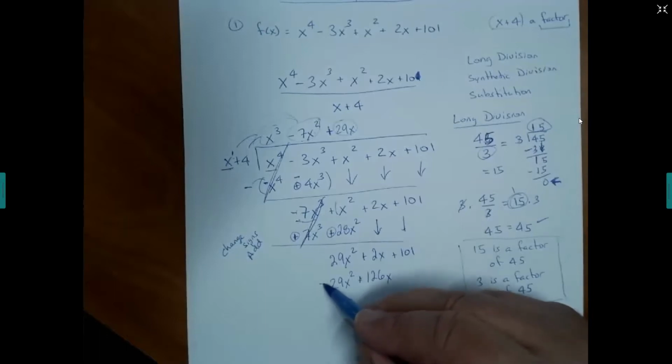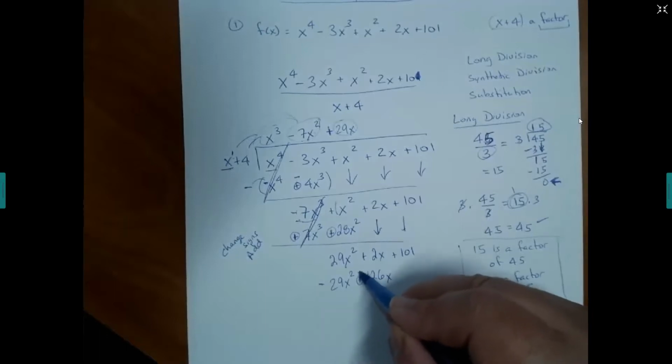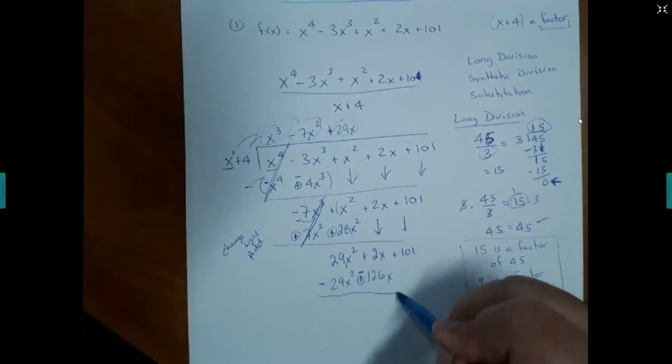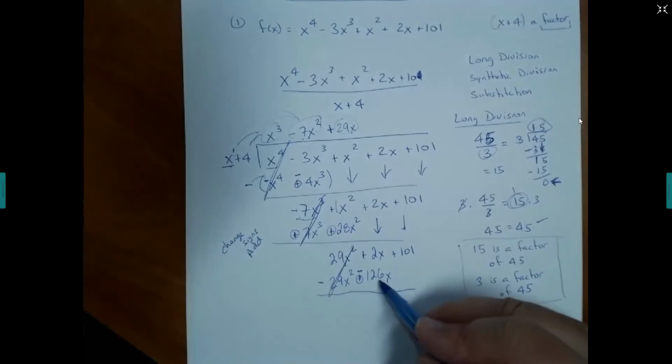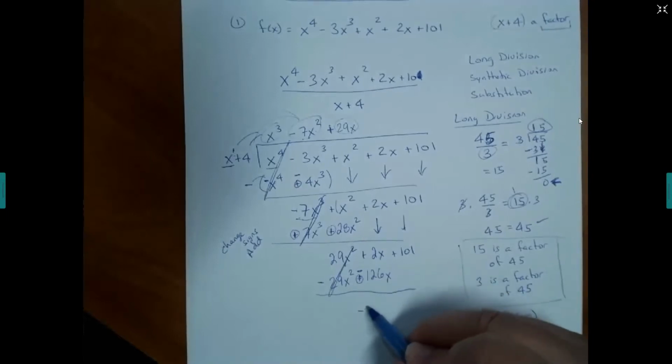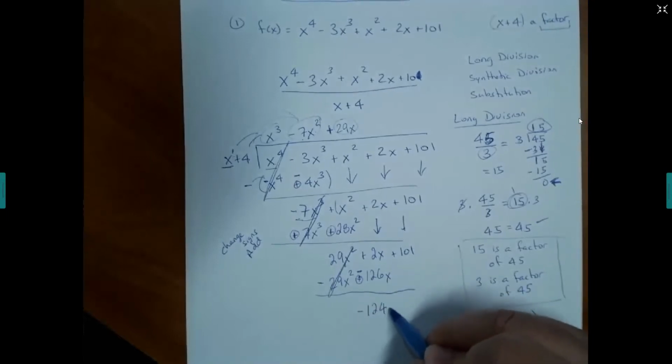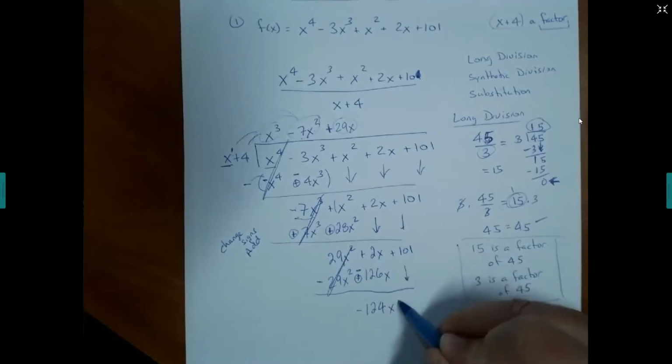Change the signs and add. Negative 116 plus 2 is negative 114x, and bring down the last one.